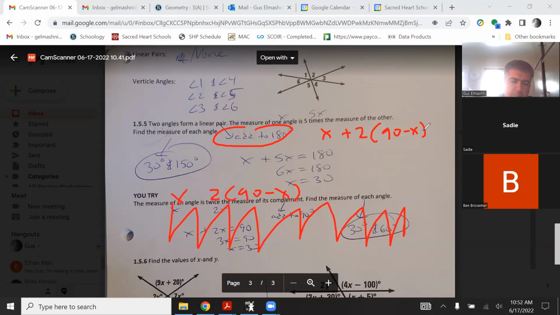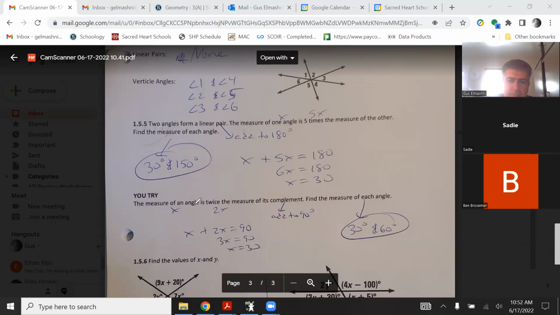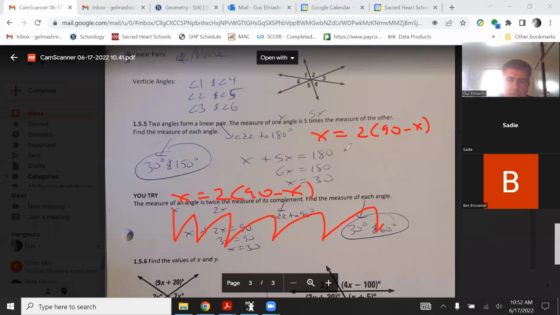Actually, maybe I didn't mess it up. Hold on a sec. Oh, equals it. Yes. Let me cross that off again. So that's x is twice its complement. There we go. My bad. So x equals, so then x equals 180.